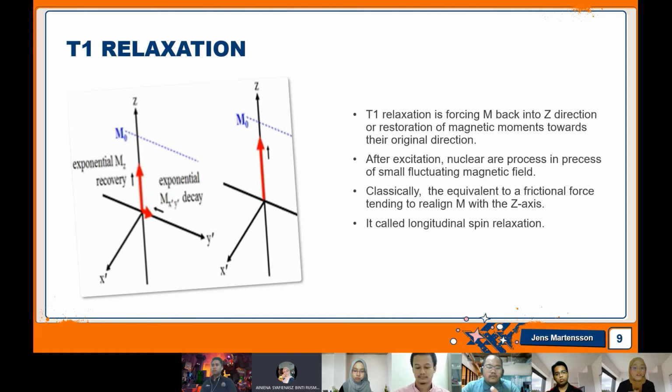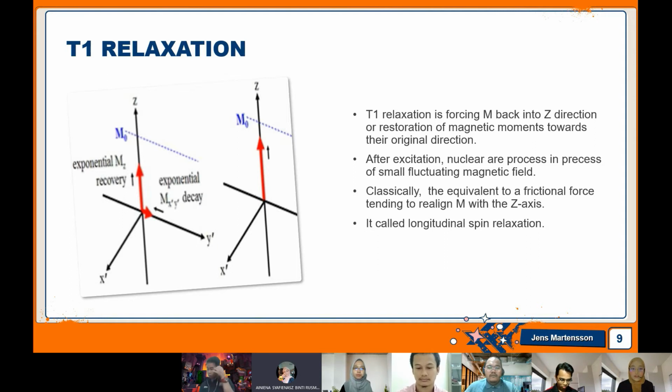T1 is forcing M back into the Z direction, or the restoration of magnetic moments towards their original direction. After excitation, the nuclear spins precess in the presence of a small fluctuating magnetic field set up by electronic motions in the surrounding molecules, depending on the temperature and the nature of the tissue.